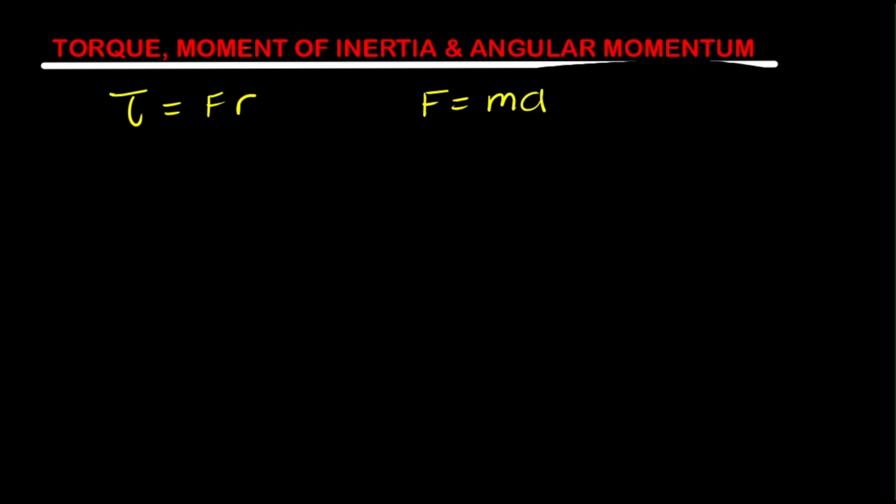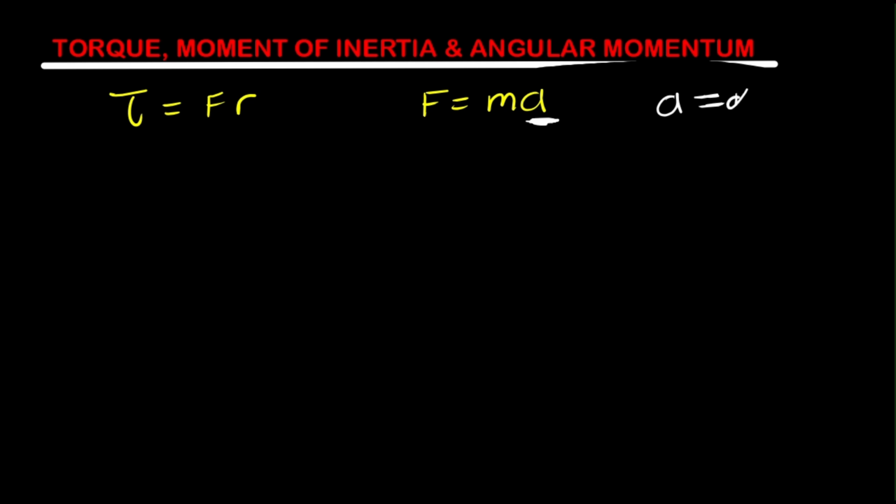But since we are dealing with something that is rotating, the acceleration that I have to place here is supposed to be the angular acceleration, not the linear acceleration. So we have to convert the linear acceleration to angular.